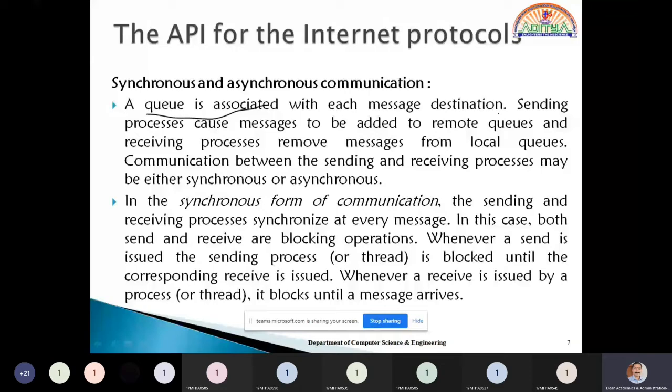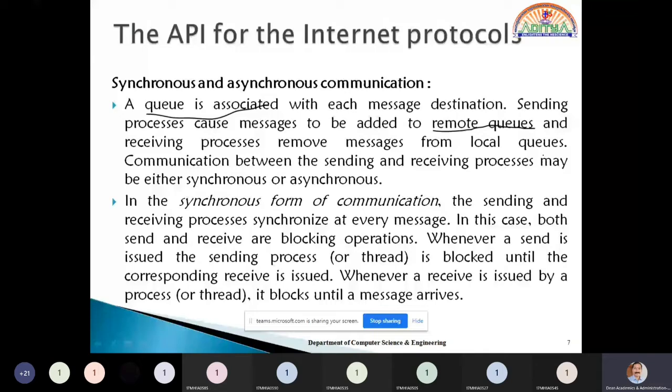The sending process causes messages to be added to the remote queues, and the receiving process removes messages from the local queue. Those messages will be brought into the local queue of the receiving end.